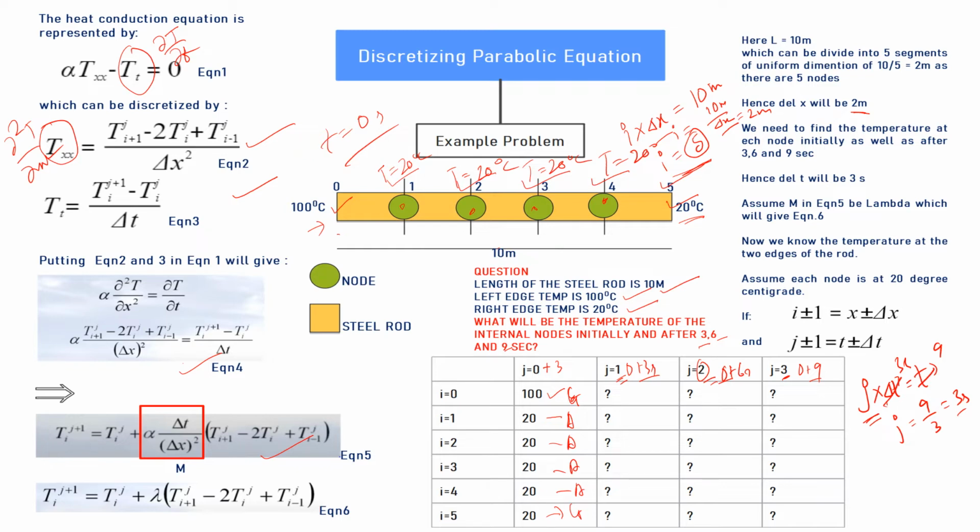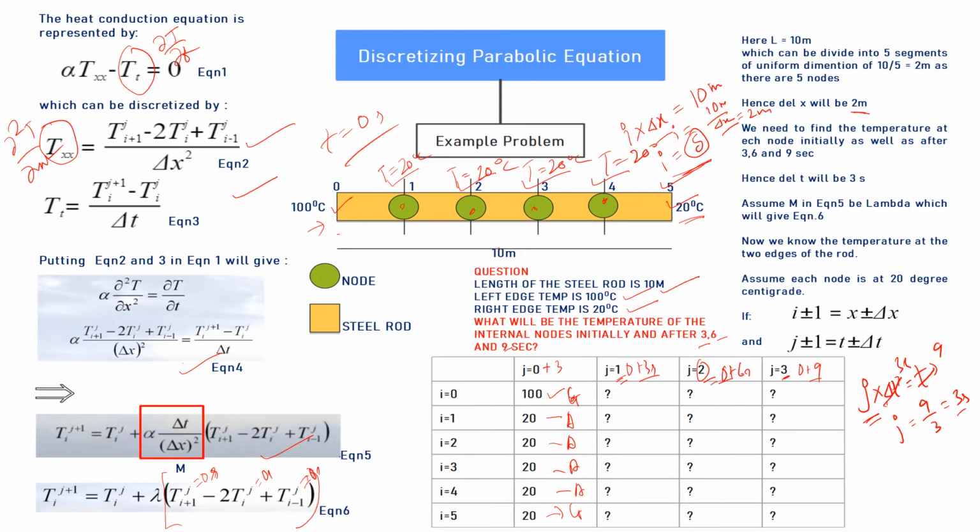Now here you see, first take this part. So j is your 0 second initial time. This is 0 second. This is also 0 second.